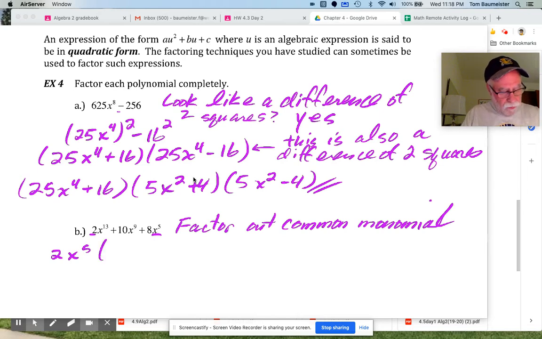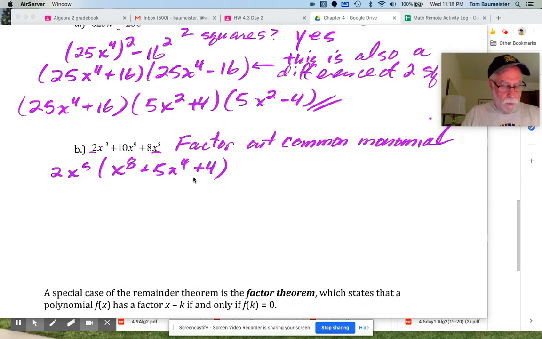And then what I'll have left is 8x to the 8th, plus 5x to the 4th plus 4. Okay? So now this is in quadratic form.